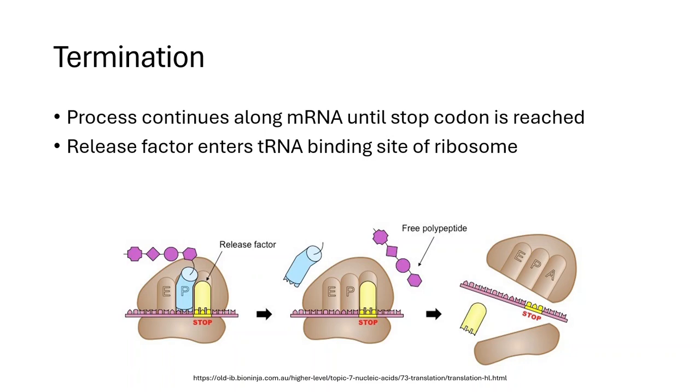So there will be no new amino acid for that polypeptide chain to be transferred to. It's going to be released and be a free polypeptide. The large and small subunit of the ribosome are going to basically fall apart, and they're going to be released, as well as the newly synthesized polypeptide or protein and the mRNA, which can then be translated as many times as needed.